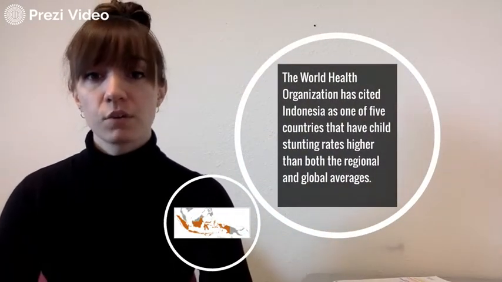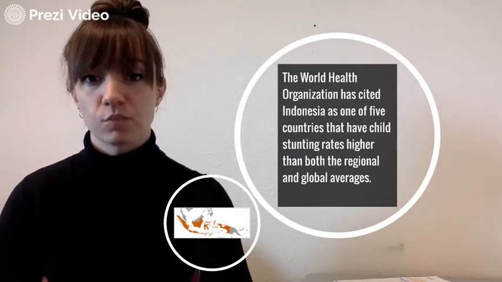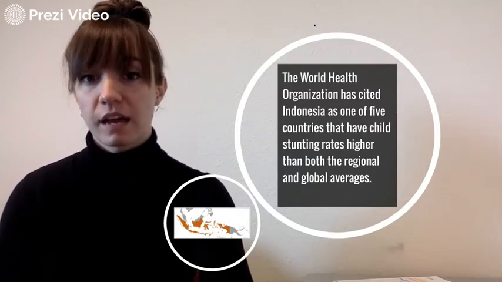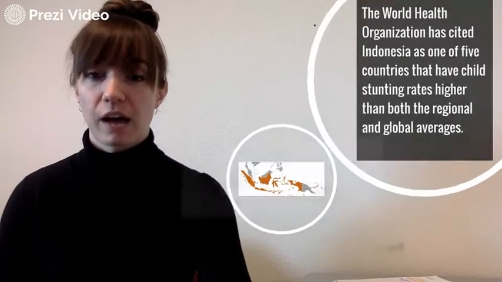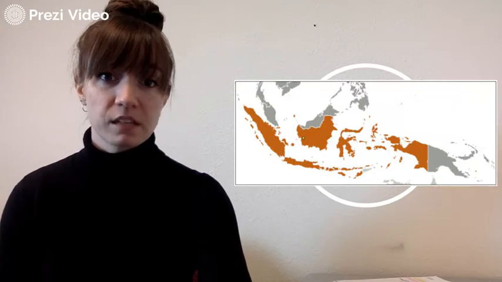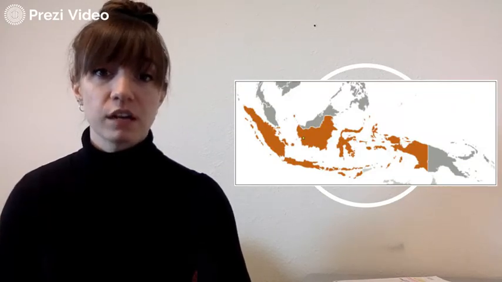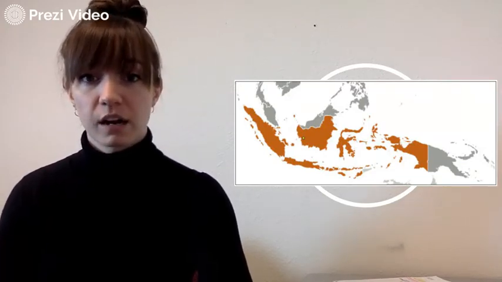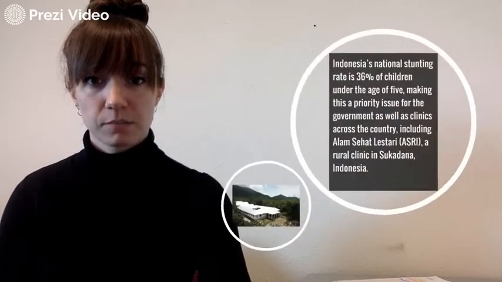The World Health Organization has cited Indonesia as one of 5 countries that have child stunting rates higher than both the regional and global averages. So here's a map of Indonesia. It is an island nation in Southeast Asia, and that little yellow dot is where I was when I was doing this research project.